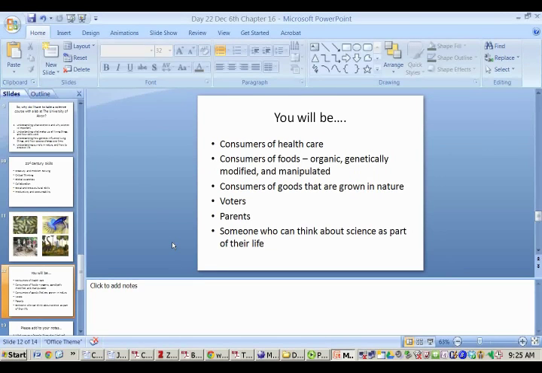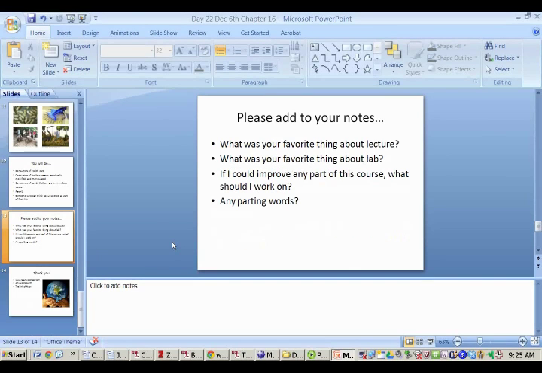And so you'll be consumers of healthcare, consumers of food, consumers of goods that are grown in nature. You'll be voters and parents, and so most importantly what we want is someone who can think about science as part of their life.